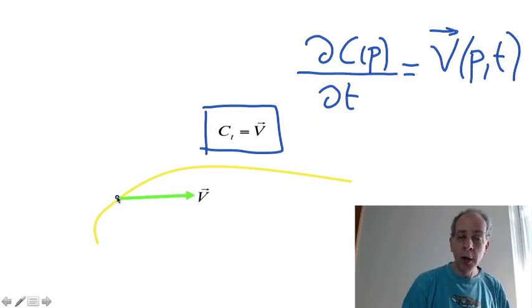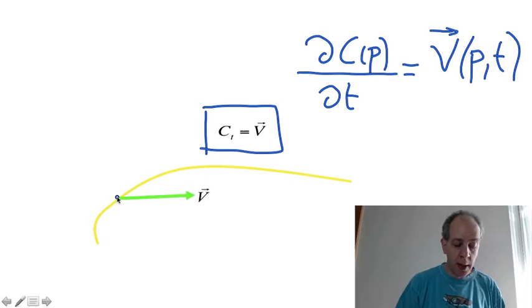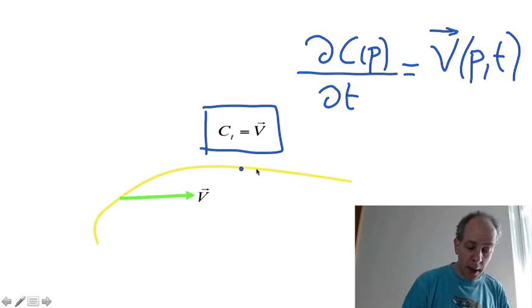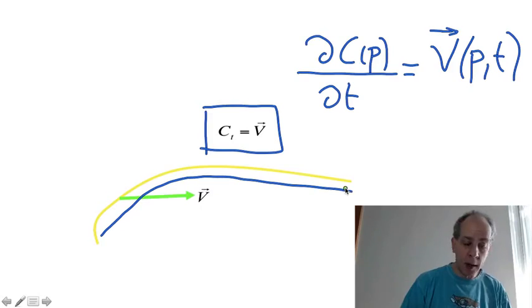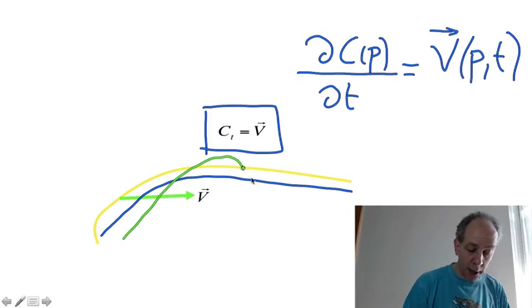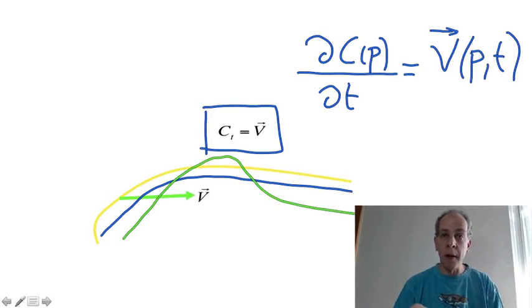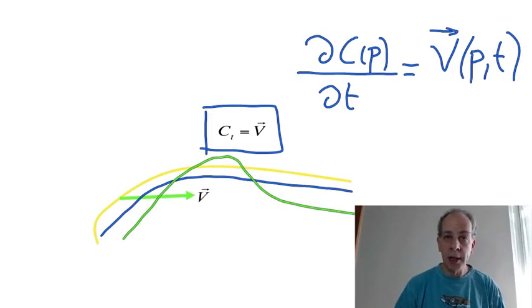So at every point we're moving the curve. At some time we're going to have this curve. A bit later we might have a curve like here, and then a bit later we might have maybe a curve like this, depending on the velocity at every single point.